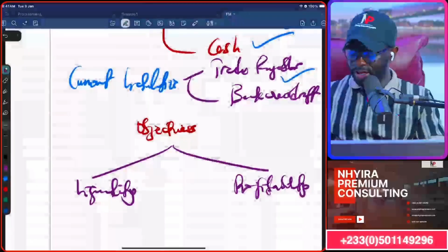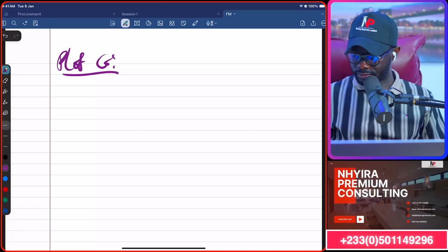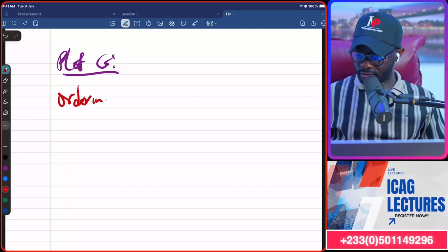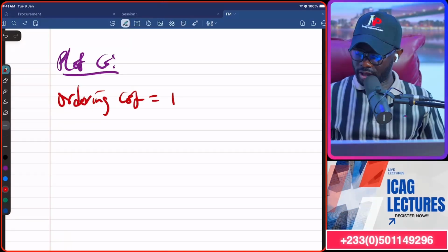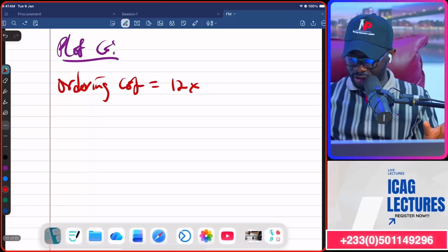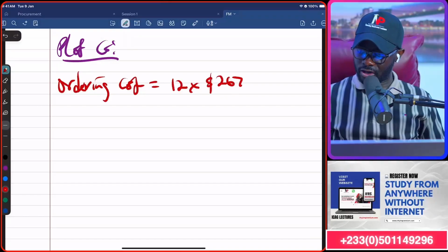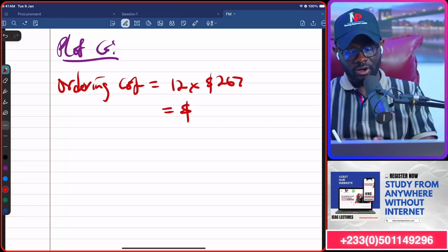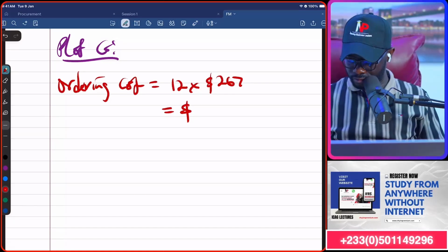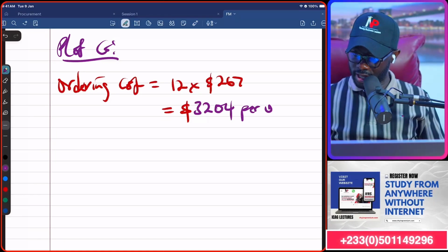Okay, so quickly, let's begin the journey. Plot Co. So the ordering cost will be 12 orders within the year, because they said each month, multiplied by $267, the cost per order, and that is 3204 per year.